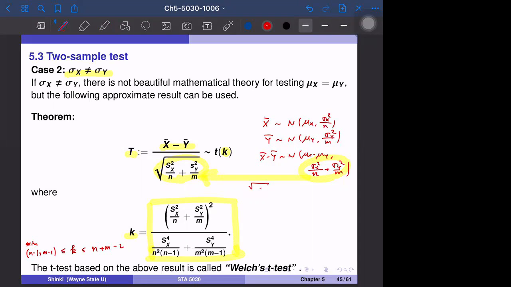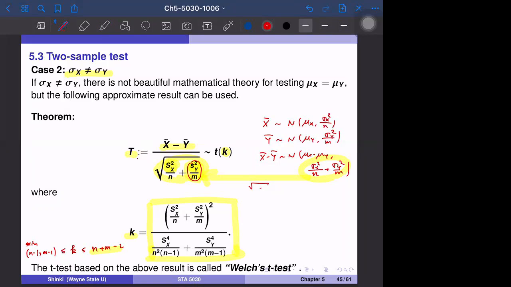The idea is that if s sub x and s sub y are the same, then we actually get n plus m minus 2. But suppose one number is larger than the other. For example, s x is much larger than s y, say 10 times larger. Then the second, smaller term does not really matter for the statistic.